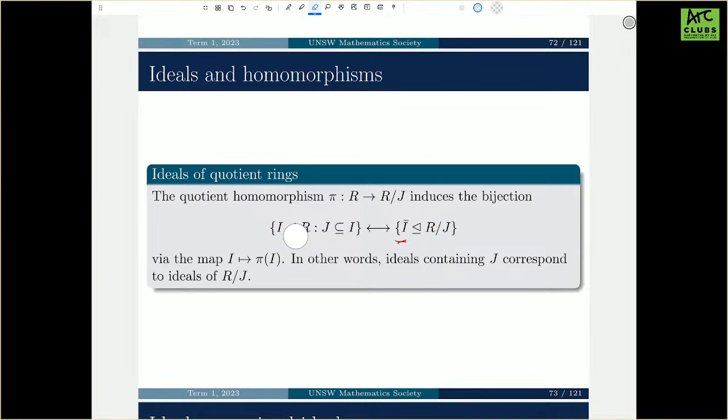So there's a bijection, which means they correspond to each other, and it's simply via this map. It's simply the image of the ideal I under pi.